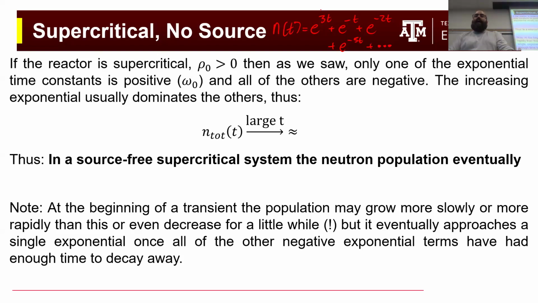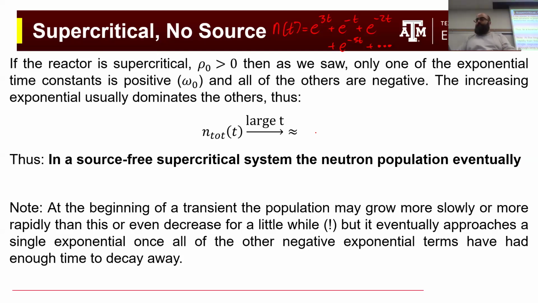We're basically saying I have one positive exponential and all of the other exponentials are negative. What does this function look like as t gets very large? These negative exponentials are all going to decay to zero, and my solution over a long time period gets dominated by the only positive exponential, which corresponds to my algebraically largest one, the omega zero.